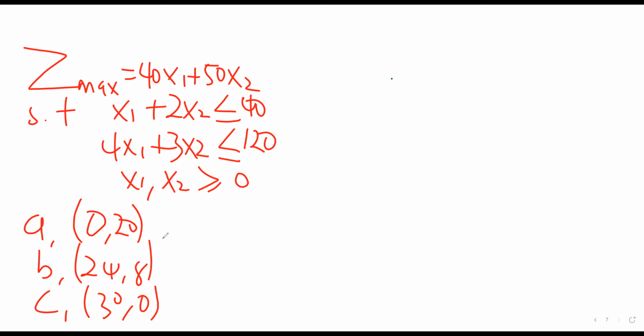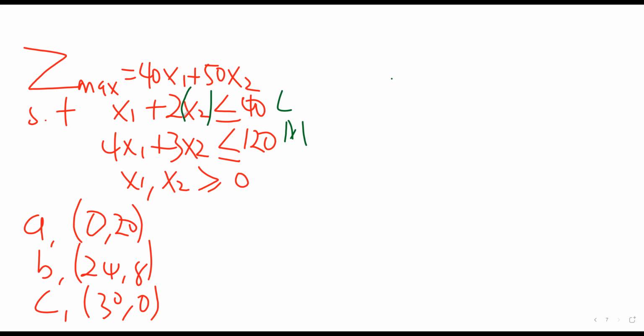So if I drop the A point, the coordinates, into the first constraint, that is the labor constraint here, and then the milk constraint. If I do that, where x1 is 0 and x2, look at x2, in this case I'm going to put in the 20 there.